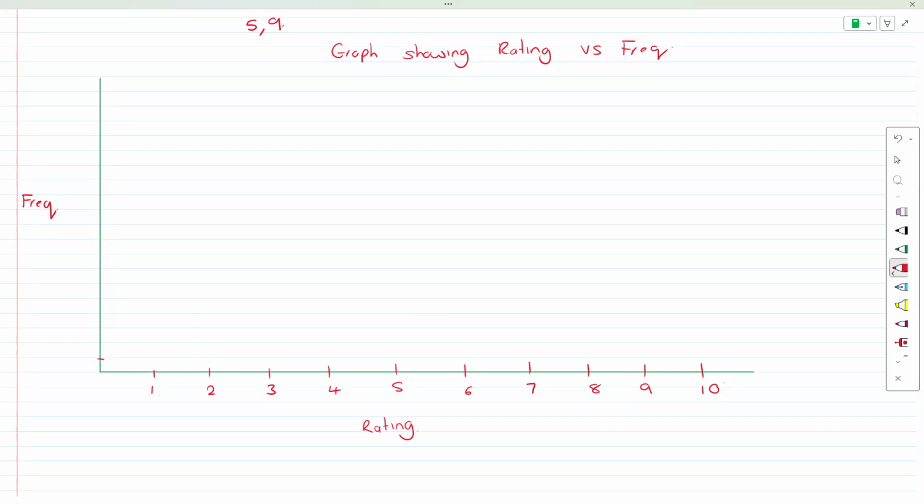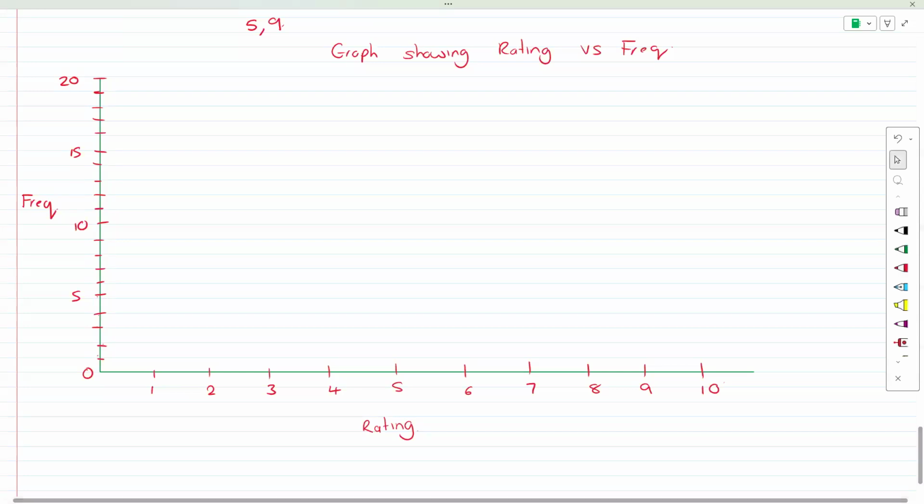It goes to 20. 1, 2, 3, 4, 5. Okay, so this is 0. That's 5. 6, 7, 8, 9, 10. That's 10. 11, 12, 13, 14, 15. That's 15. 16, 17, 18, 19, 20. All right, guys, the rest is up to you guys with a good scale. I don't think it's a problem.